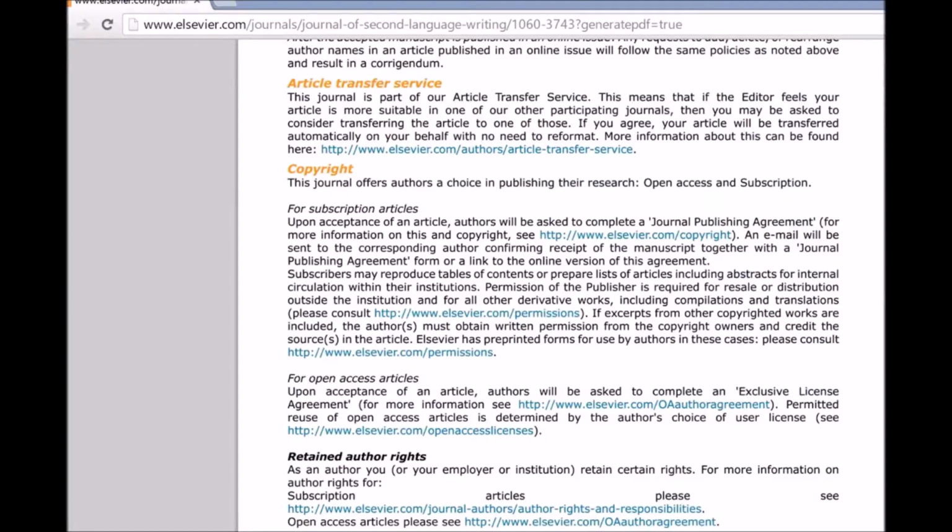Sometimes you have to give them all the rights to your paper, and you can't even share it. Sometimes you give them some rights and you retain some rights. Again, this is very complicated. I've been told that sometimes this is negotiable if you're upset about giving over your rights, but that's kind of up to you.